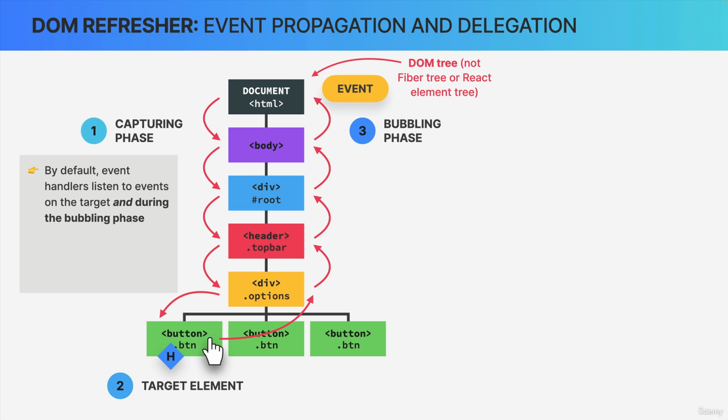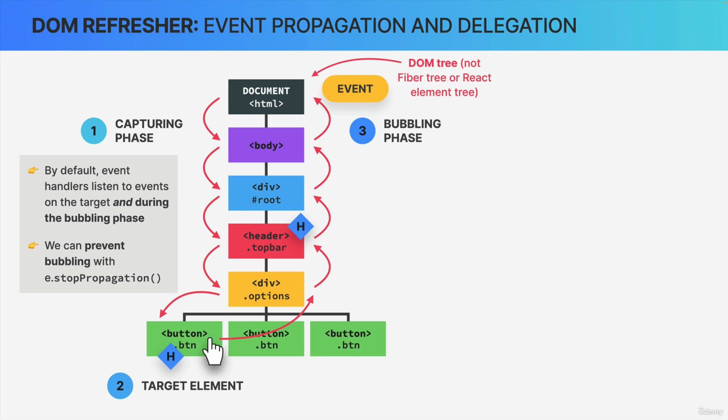For example, if we added another click event handler to the header element, then during this whole process, both the handlers at the target and the header element would be executed when the click happens. Now, sometimes we actually don't want this behavior, and so in that case, we can prevent the event from bubbling up any further simply by calling the stop propagation method on the event object.